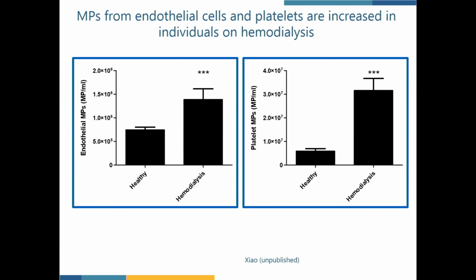And what we found was that individuals on hemodialysis had a higher level of circulating endothelial microparticles than healthy individuals. And in fact, we also saw the same thing with platelet microparticles, a significant increase in circulating platelet microparticles compared to healthy individuals.